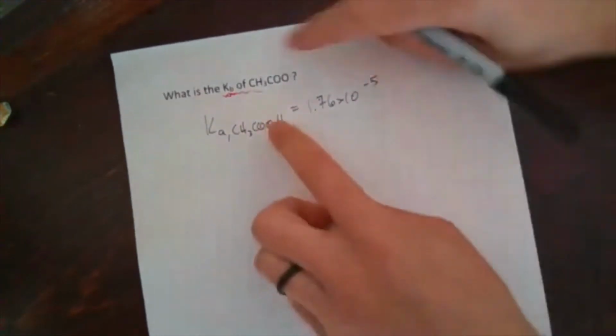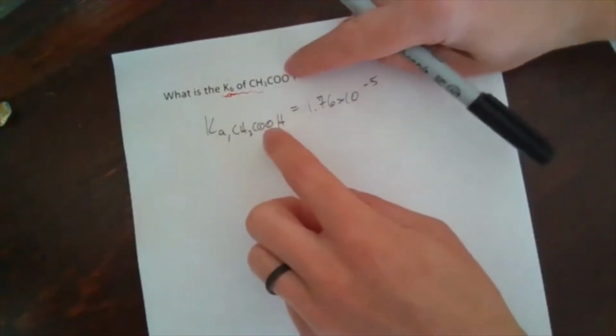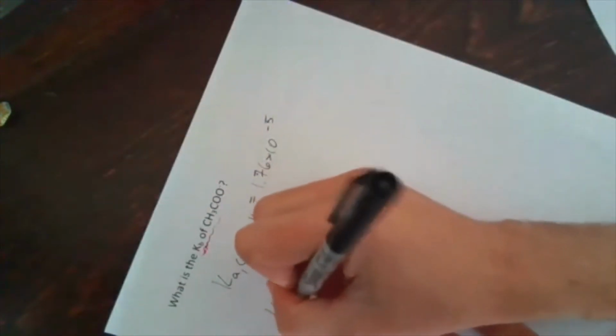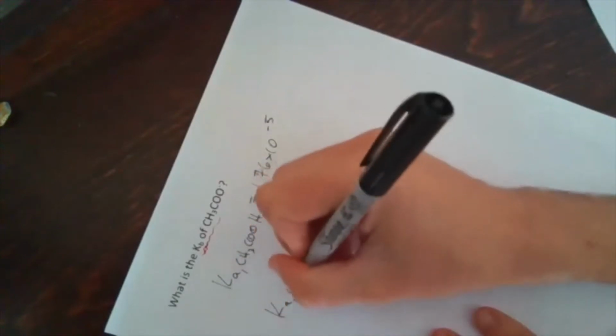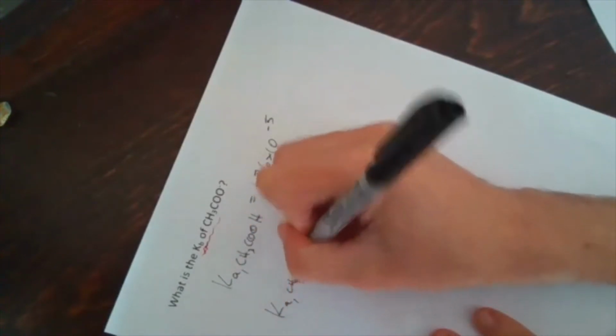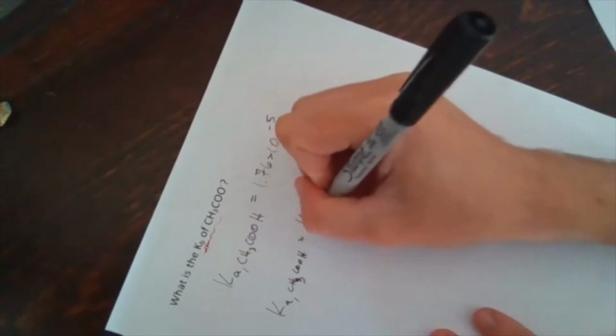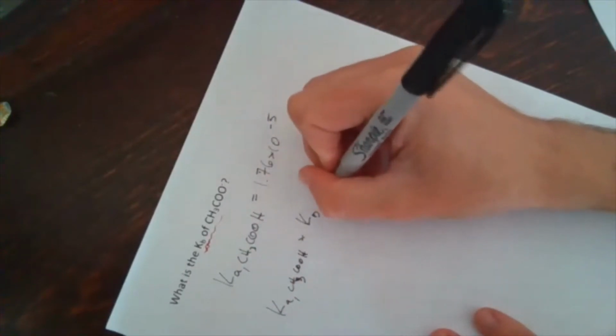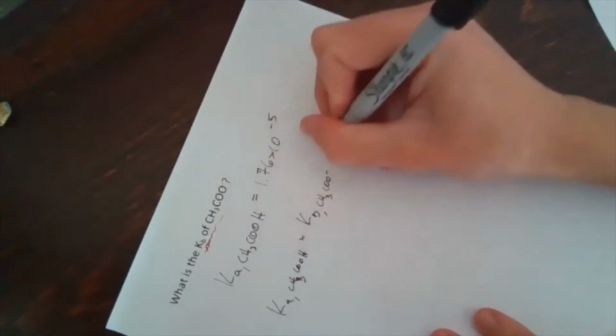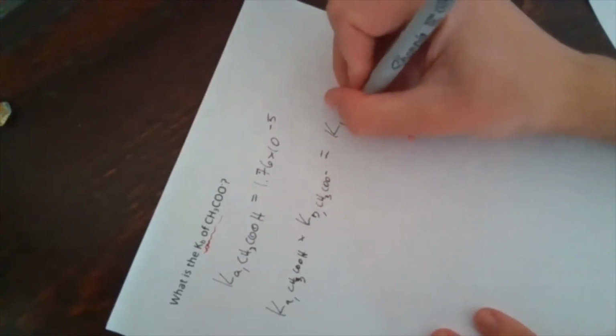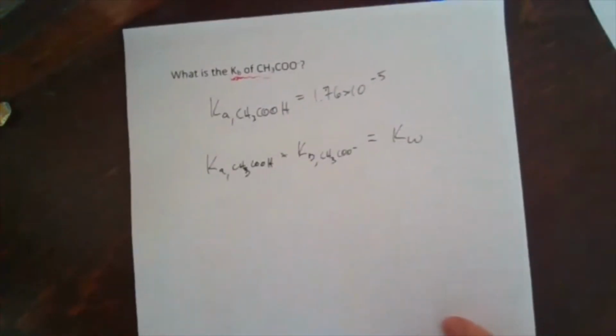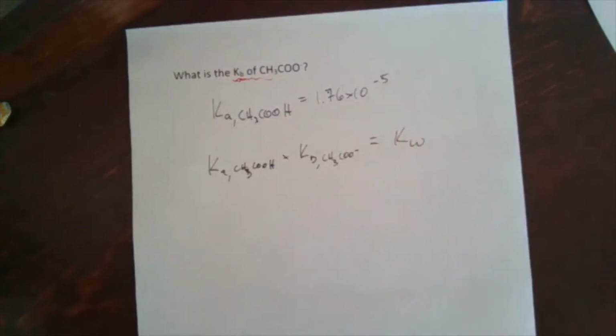And so these two things are a conjugate pair. What we know is that if you have a conjugate pair, the Ka of the acid in that conjugate pair times Kb of the base in the conjugate pair, those two values combine to give you Kw, which is the equilibrium constant for water autoionization.